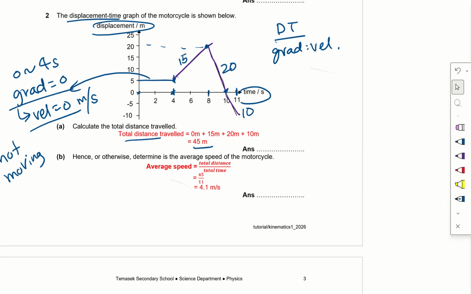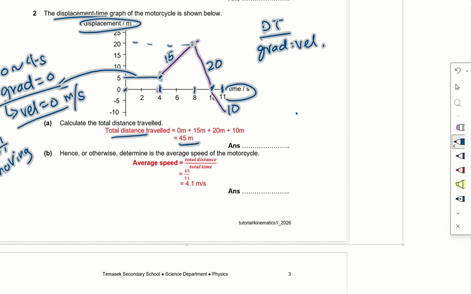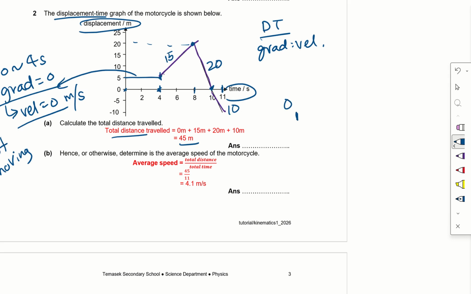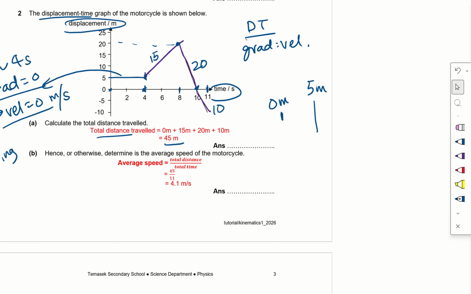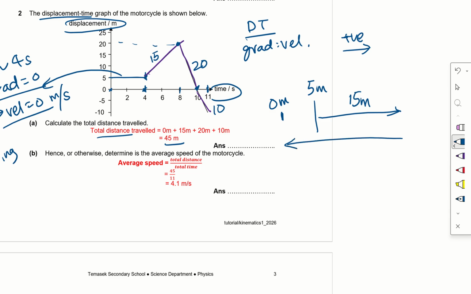Okay? So what does it mean? Let's say this is the starting point, at 0 meters, he actually started off at the 5 meter mark. Then he moved 15 meters to the right, if let's say positive is to the right. And then he actually went back the other way, because it's a negative gradient, negative velocity, means he is going back the other way.